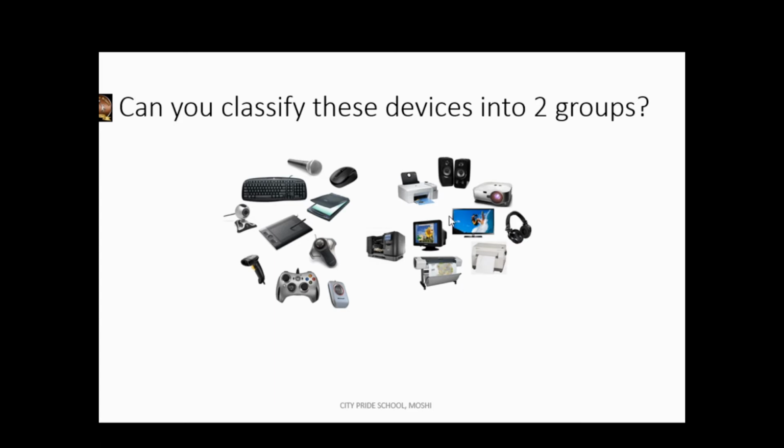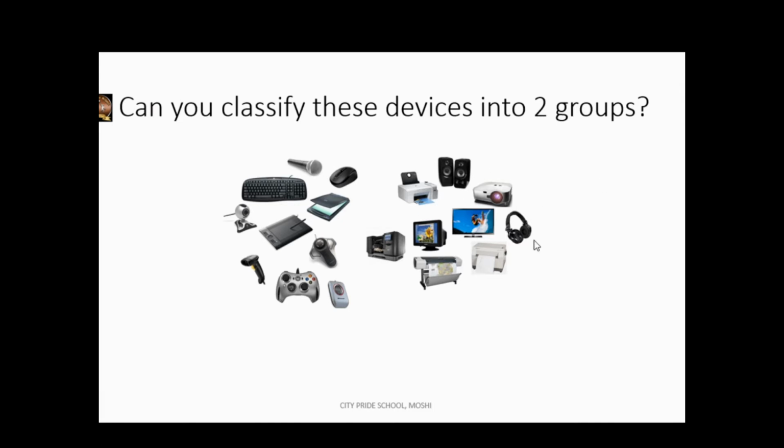Let us begin with a little bit of computer. So can you classify the devices which you see in this image into two groups? As you can very clearly see, some of these devices are used to feed information into the computer. For example, the microphone, the keyboard, the mouse, these are used to give information into the computer, and the devices on this side are used to take information out of the computer.